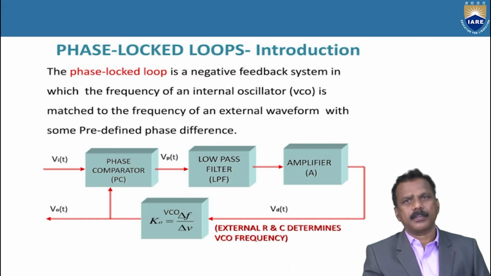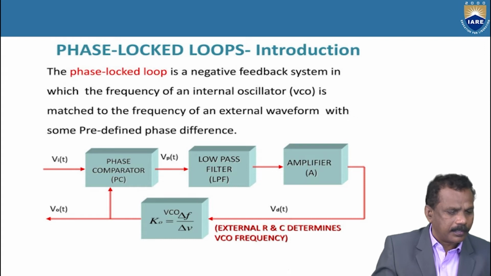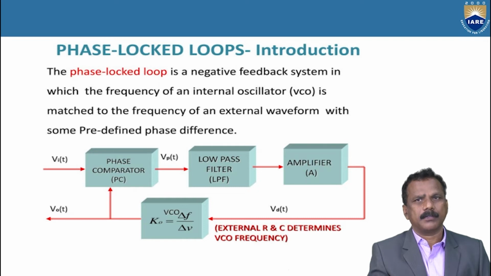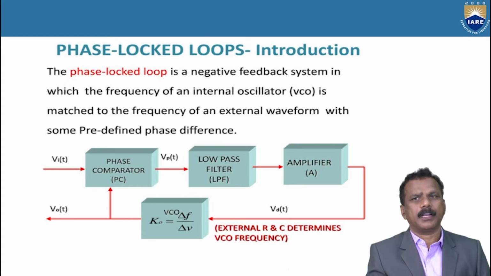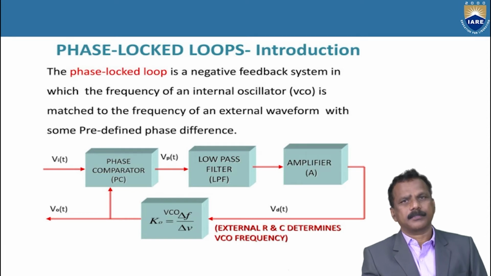Here the input V in of t is given to the phase comparator PC. The phase comparator output is given to the low pass filter, VP of t. The low pass filter output is connected to the amplifier A. The output of this amplifier A is given to the VCO, where K0 is equal to VCO del F by del V. An external R and C determine the VCO frequencies.